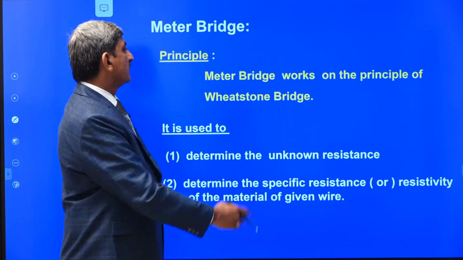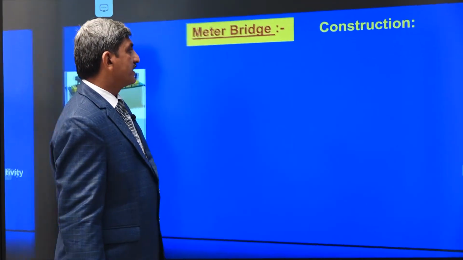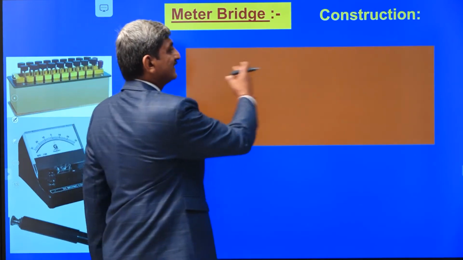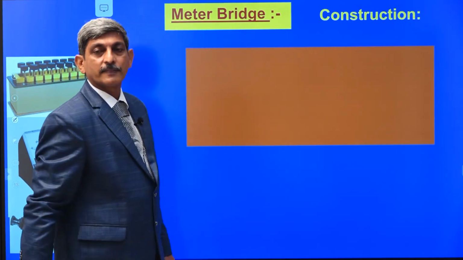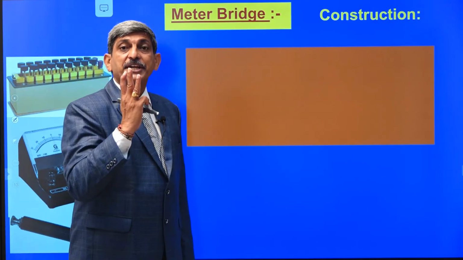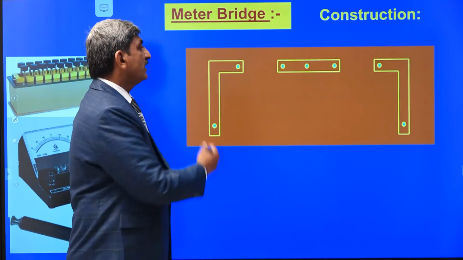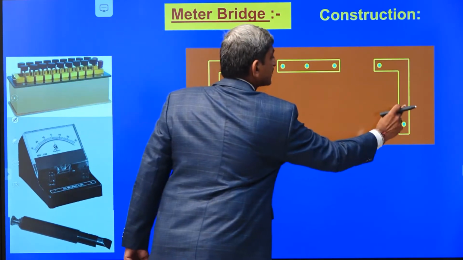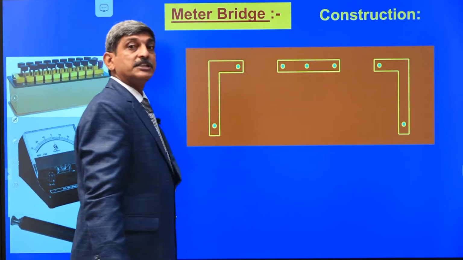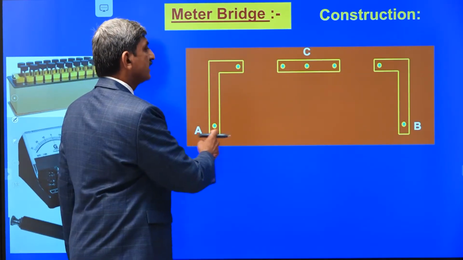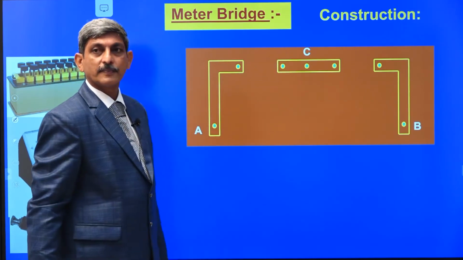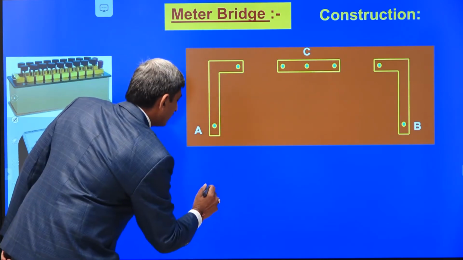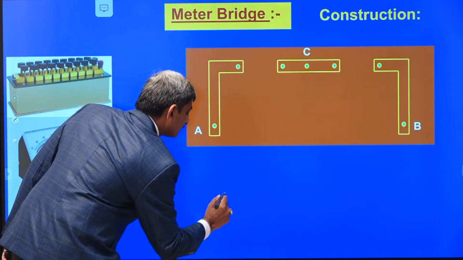Now come to the construction of the meter bridge. The meter bridge consists of a wooden plank. This is the wooden plank. 3 thick metallic strips are attached to the wooden plank. Of the 3 strips, 2 strips are L-shaped and 1 strip is straight, and they are marked as A, B, C. Here, these strips are generally made up of metals like copper.